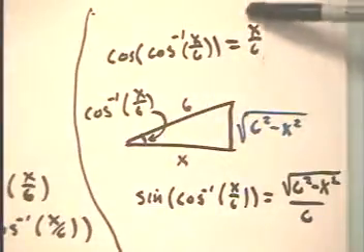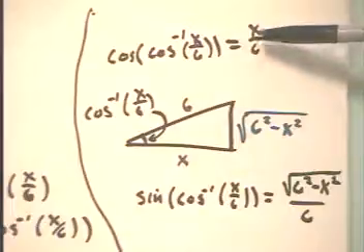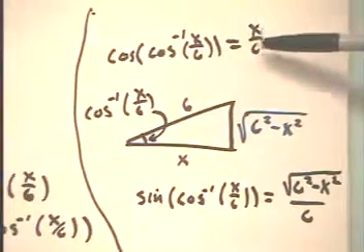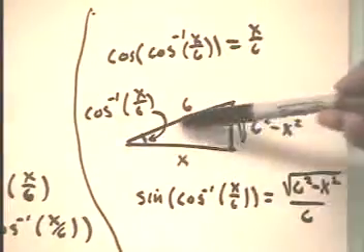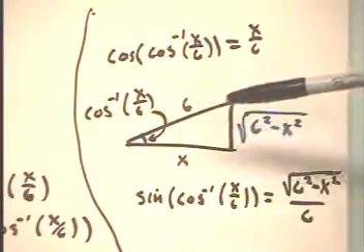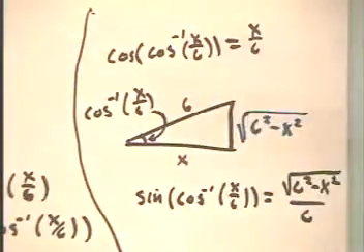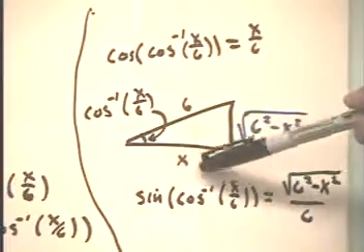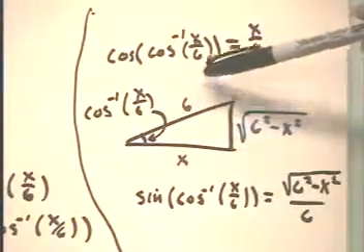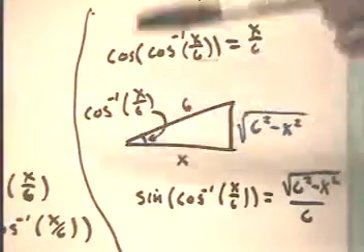If the cosine is x over 6, that means that the adjacent side over the hypotenuse is x over 6. Well, if we let the adjacent side equal x and the hypotenuse equal 6, then the cosine of this angle certainly is x over 6. So, by making a triangle whose adjacent side is x and whose hypotenuse is 6, we get the angle inverse cosine of x over 6, right here.